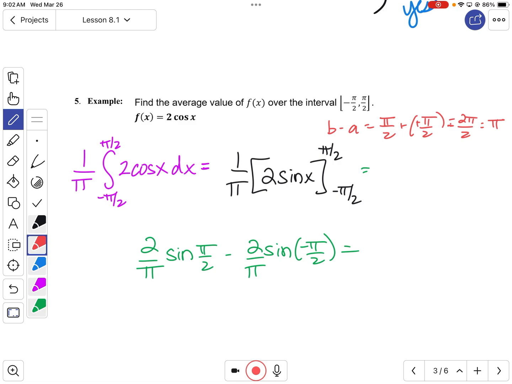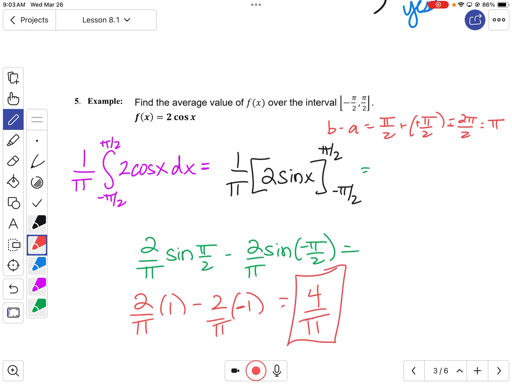Sine at pi over 2 is 1, so I have 2 over pi times 1 minus 2 over pi times sine at negative pi over 2, which is negative 1. So plus positive, that gives me 4 over pi. So that is my average value.